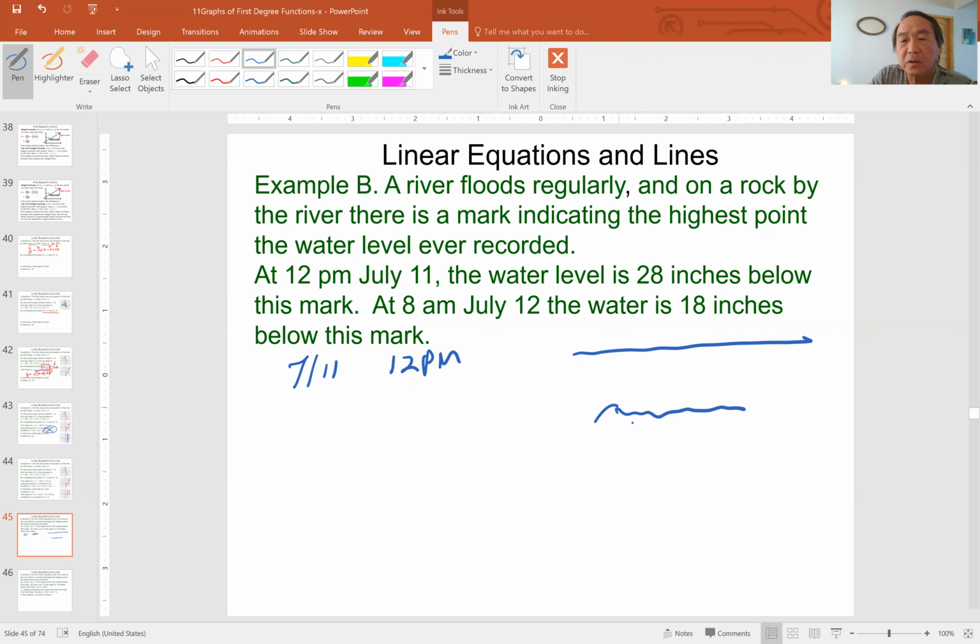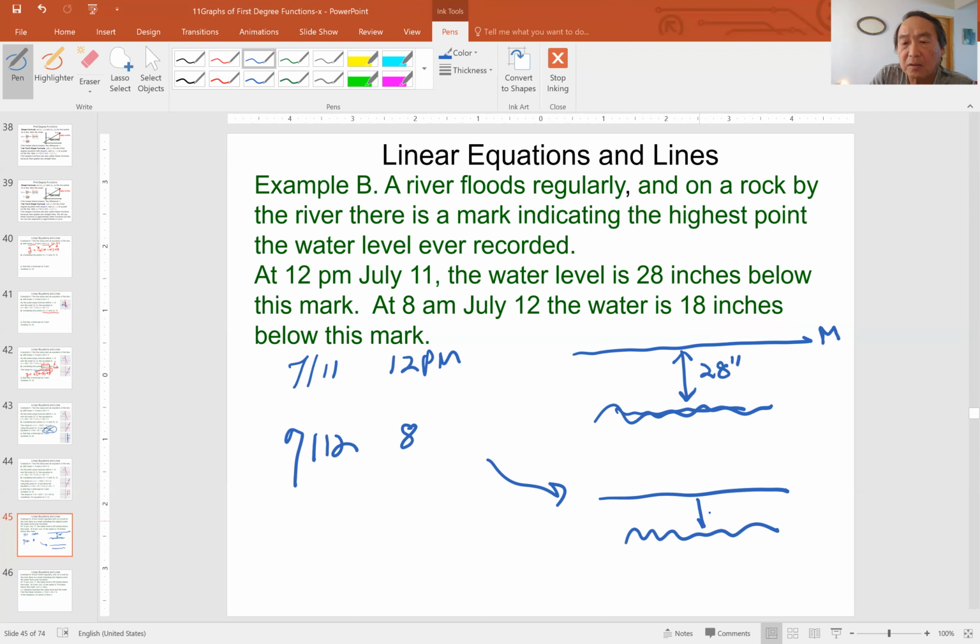We measure the water level is 28 inches below the mark. The water is coming up, so we go back the next day at 8 o'clock in the morning, and we look at the water again, and now the water crept up. Instead of 28 inches, now it's only 18 inches from the top.